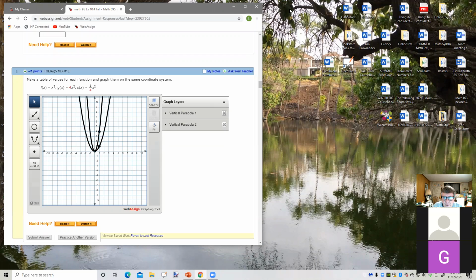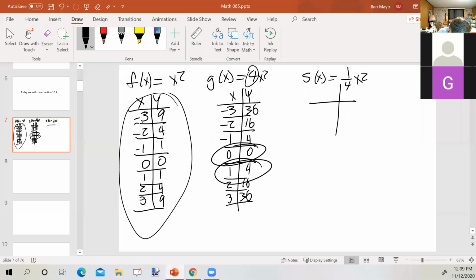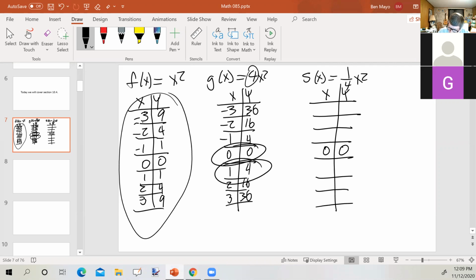No. All righty. Let's go back to the third one. Again, my vertex is at (0, 0). If I was going to graph this whole thing freehand, I'd complete the whole table, but for Webassign, I just need one value. How about when x is 1? What would s of 1 equal?